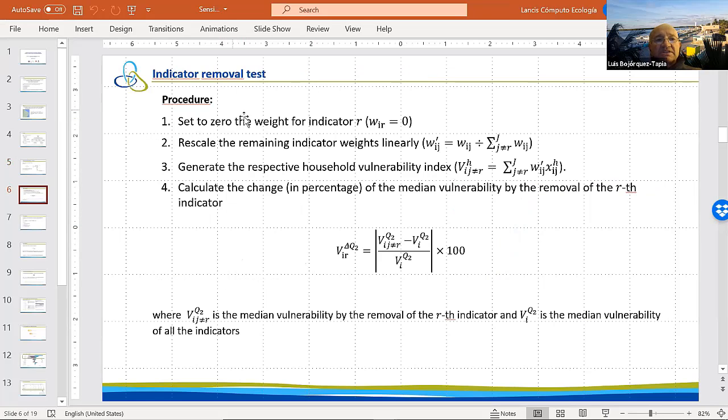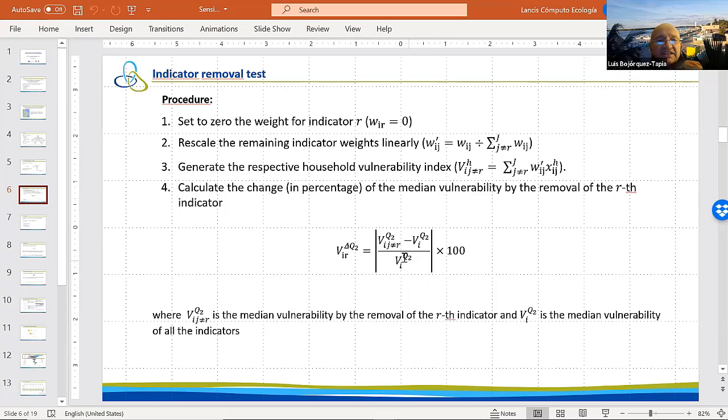The indicator removal step is very simple. According to this equation, you take the overall value of your vulnerability index, and then you remove one indicator at a time and see what the effect of that indicator is on the value.